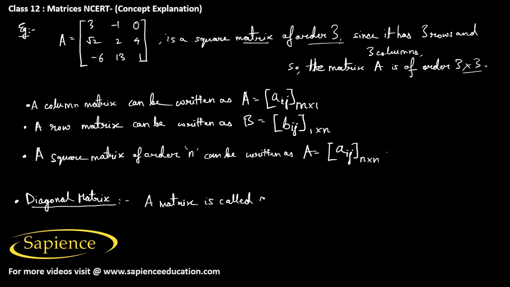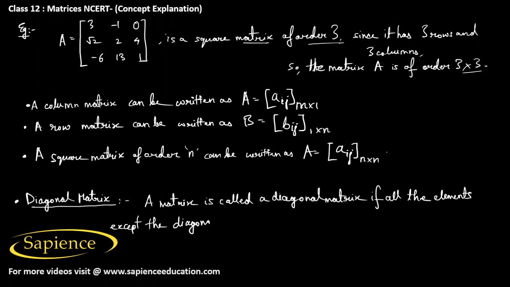A matrix is called a diagonal matrix if all the elements except the diagonal elements are zeros, and it should be a square matrix also.